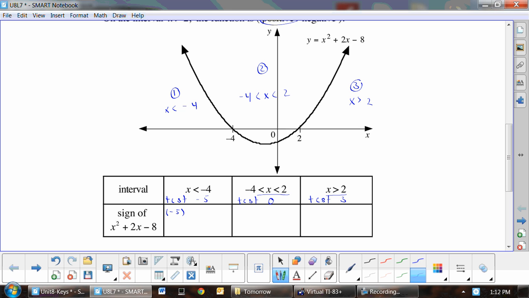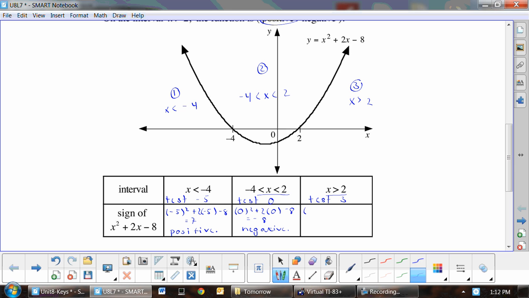So we go -5 squared plus 2 times -5 minus 8 gives us 7. So we know that this part of the graph is positive. When we test 0, we go, 0 squared plus 2 times 0 minus 8 gives us -8. So we know this middle portion is negative.